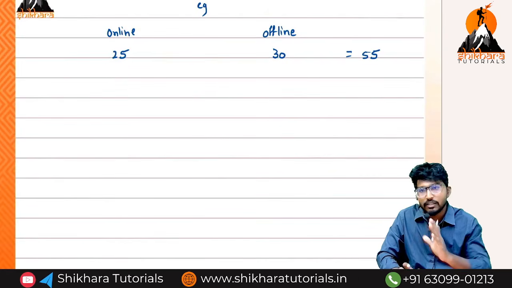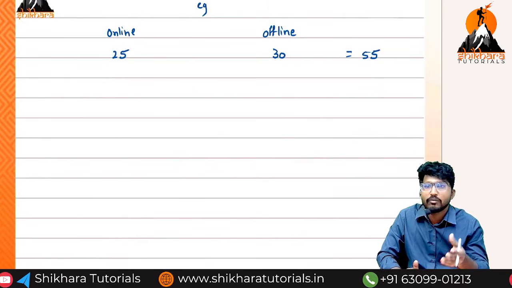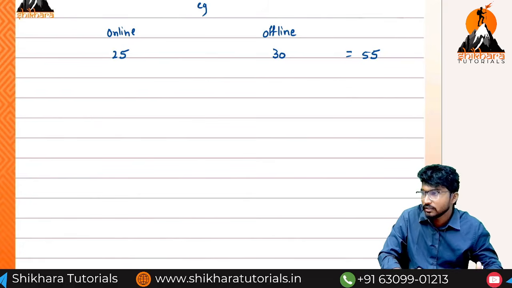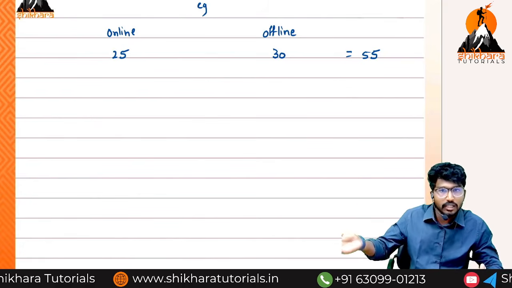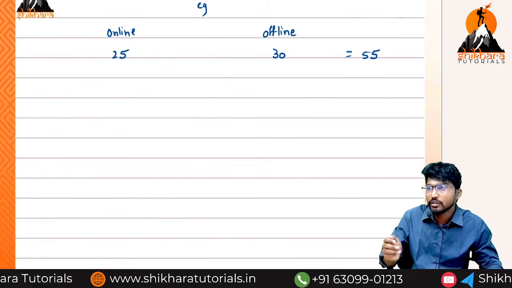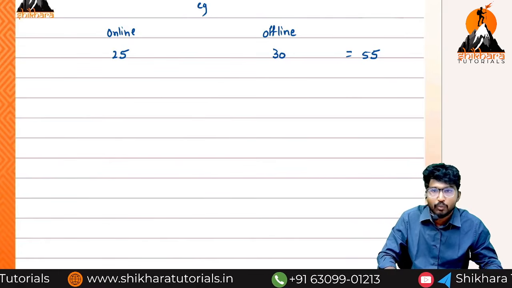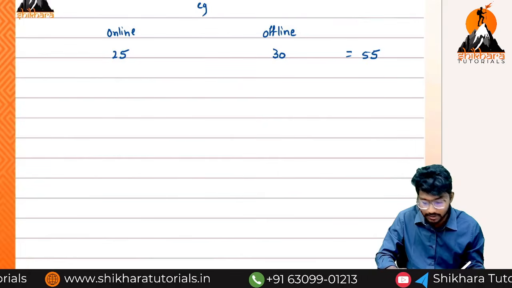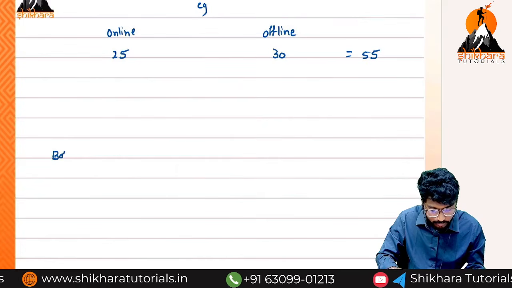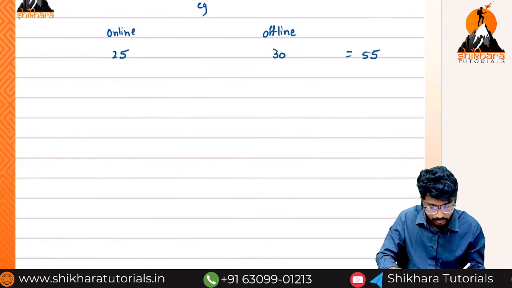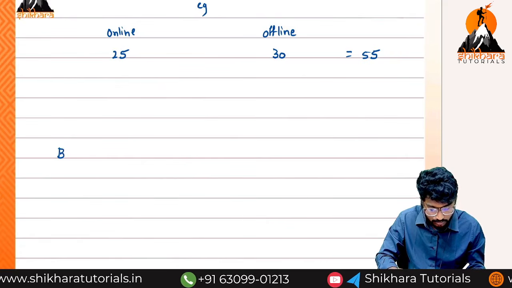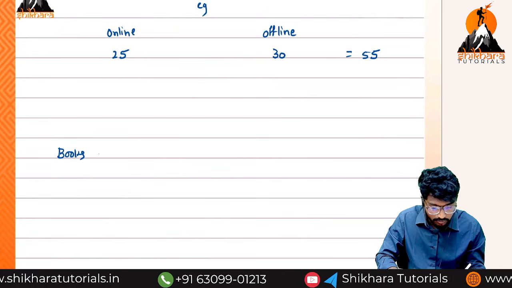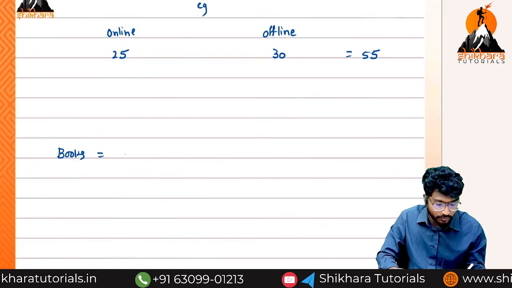Shikharatutorials is a company in the service industry. In a service industry or a manufacturing industry, we incur two types of expenses. One is direct expenses like books. For books, we incurred 55,000.